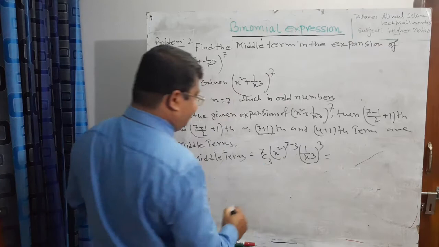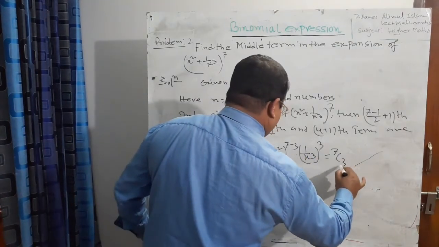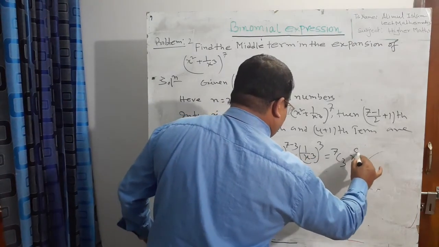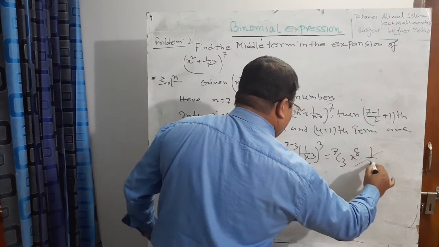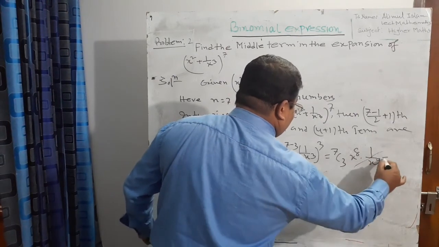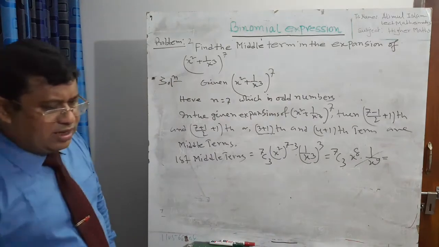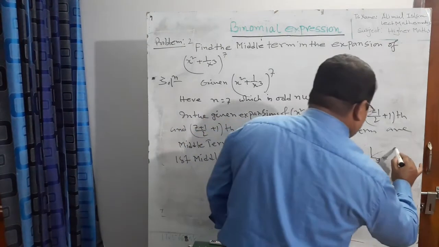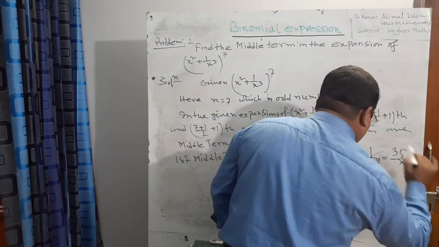You write 7C3, x to the power 8 into 1 by x to the power 9. After calculation, you will get 35 by x. You can use the calculator to get the result.